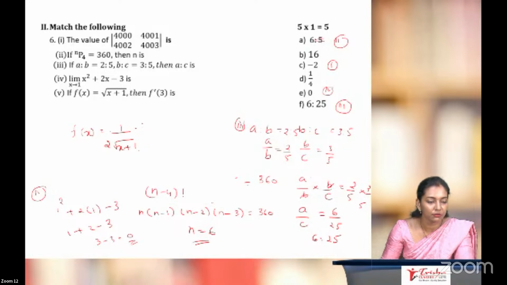So the function is x plus 1. So differentiation of x is 1 plus 0. So it is just 1 by 2 root of x plus 1.